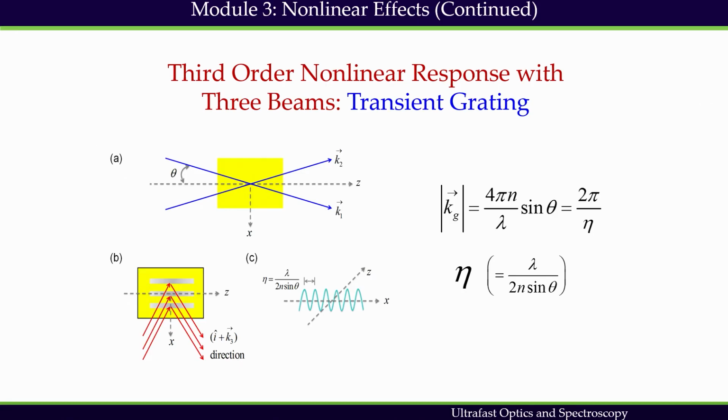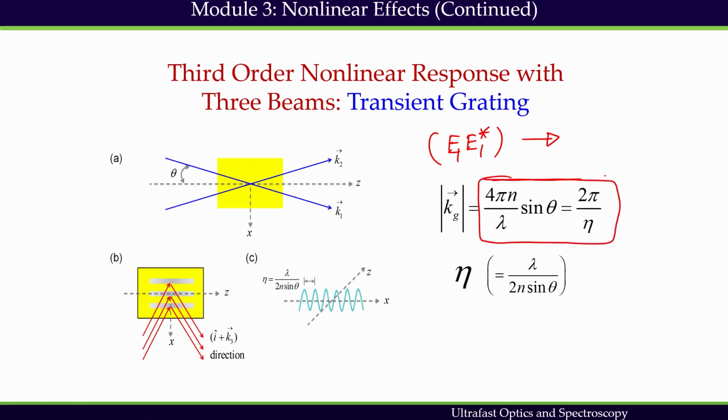The grating wave originated by this E1 star, these identical beams, is creating this spatial variation of the refractive index, and also the spatial variation of the excited state species and the ground state species, or the intensity, and its wave vector can be represented by this equation.